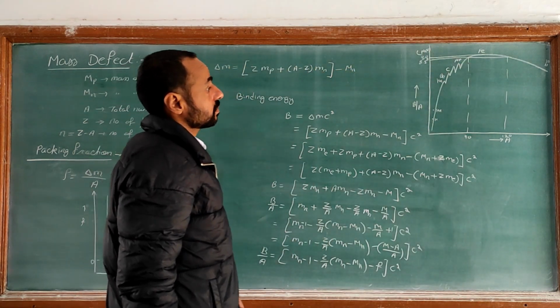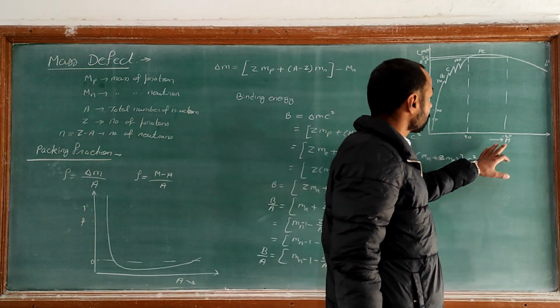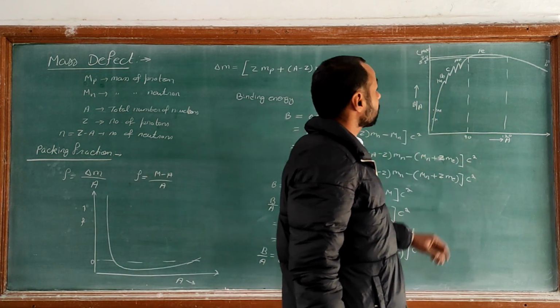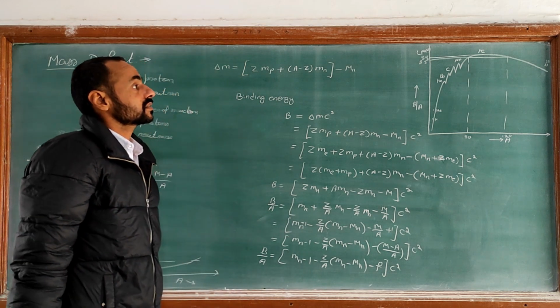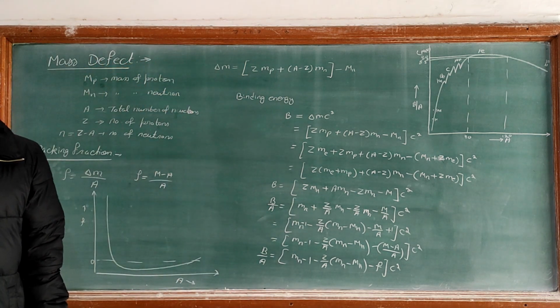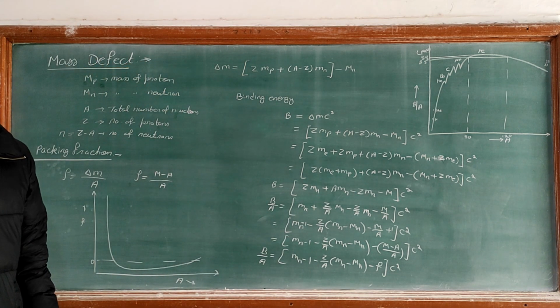And as the mass number A increases from 120, the binding energy per nucleon again starts decreasing, and it is least for uranium 235, which is 7.6 MeV.